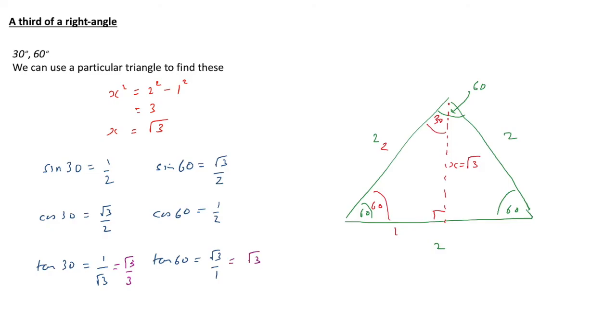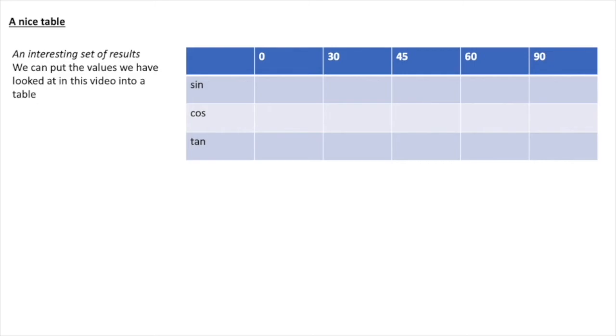So we'll just finish this little video by having a look at an interesting set of results. So we'll put all the values that we've found in the video into this table. So for sine we had 0, of course, for 0 degrees, a half for 30, root 2 over 2 for 45, root 3 over 2 for 60, and 1 for 90.